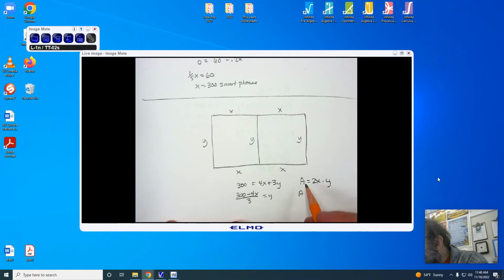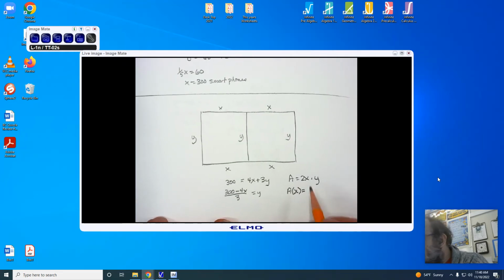So I'm going to say a of x, the area in terms of x, is going to have to be 2x multiplied by 100 minus 4/3 x. That means that the area formula is going to have to be 200x minus 8/3 x squared.